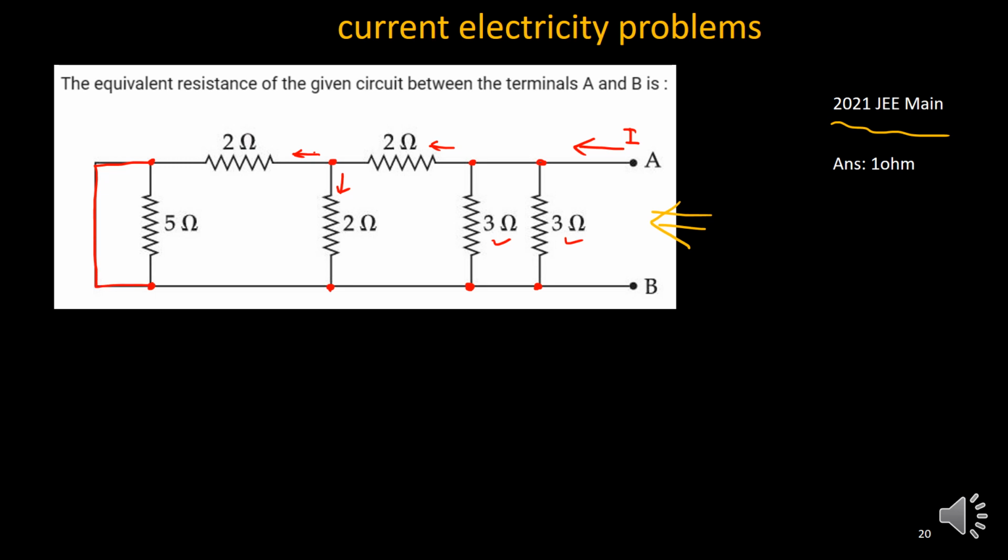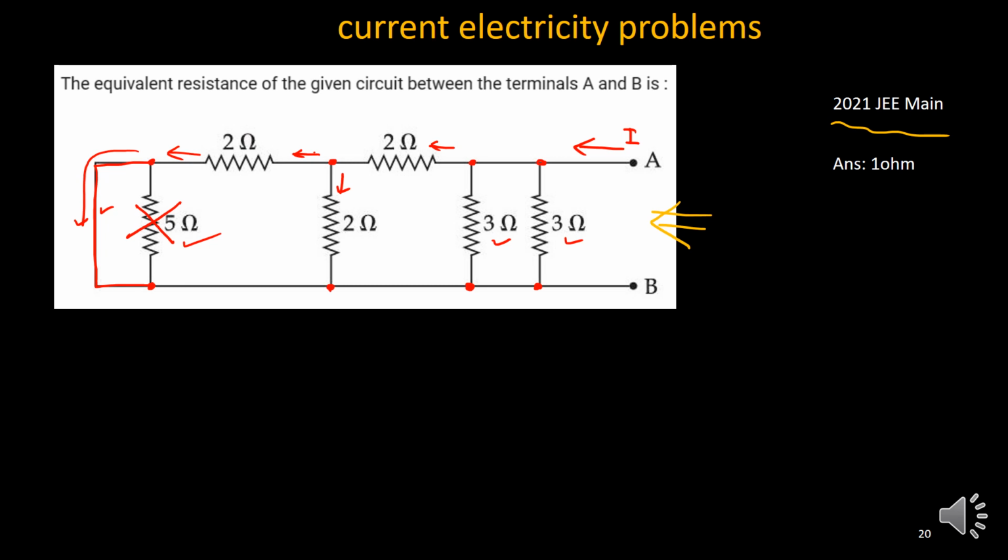So if anything is shorted, this resistance is 0, so whatever current is coming here has to go through this side. So it has no effect at all. We can ignore this 5 ohm resistance, because through the 5 ohm resistance no current will flow. If anything is short circuited, current will flow through that path only. So this 5 ohm I can omit, I can remove.